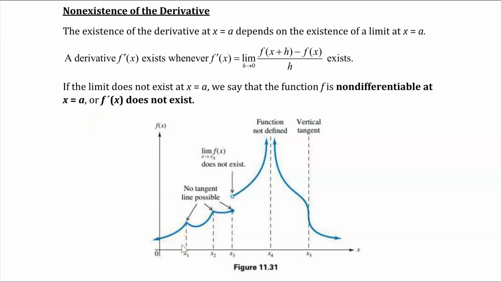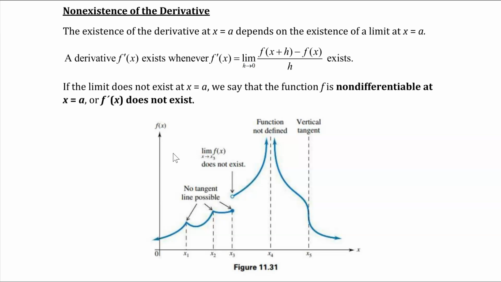So when does this occur? When will a function not be differentiable at a given value of x? Now recall that for a limit to exist, the left-hand limit has to be equal to the right-hand limit.